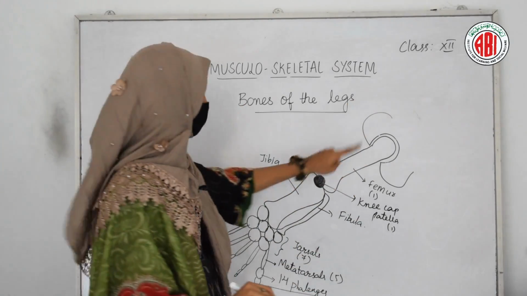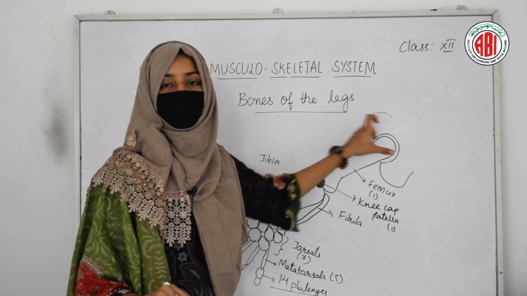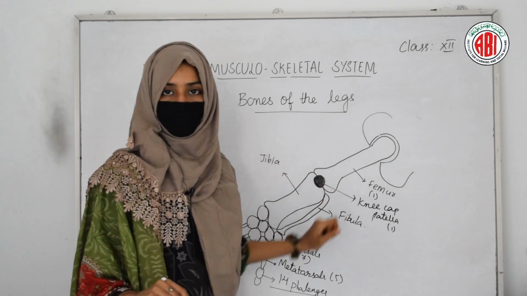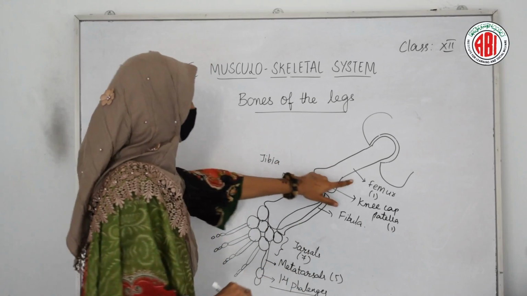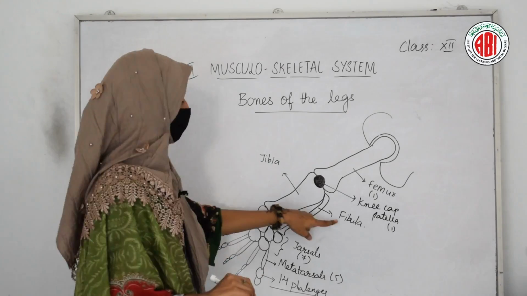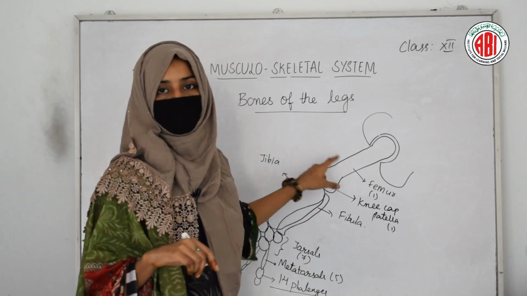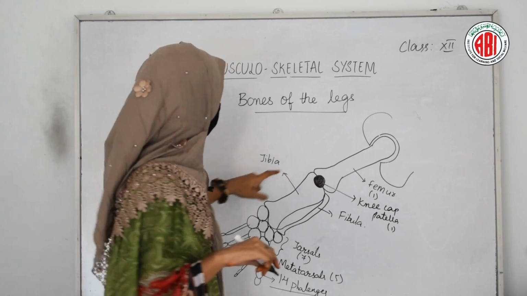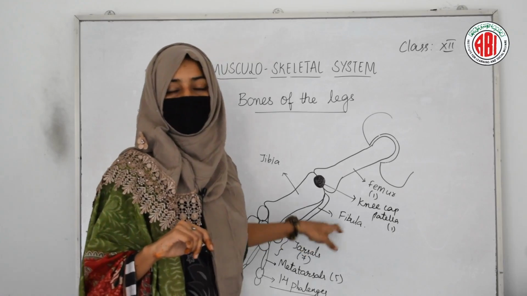Now the main bone of our leg is the femur, which is fixed into the region called acetabulum of our pelvic girdle. Now to the femur only one bone gets attached, that is the tibia. One more bone is present in our leg, but it doesn't attach with the femur. It is attached to the tibia only, and that bone is called fibula.